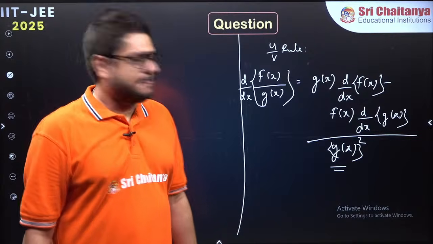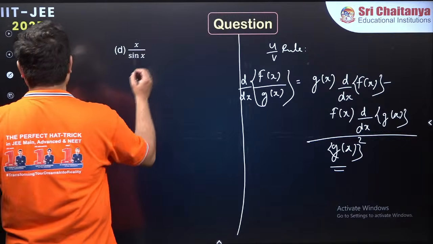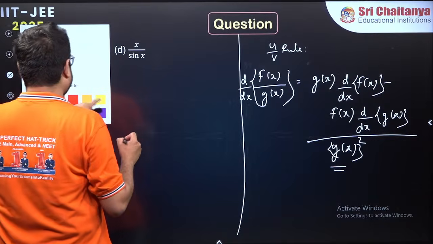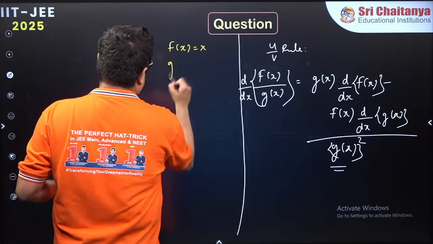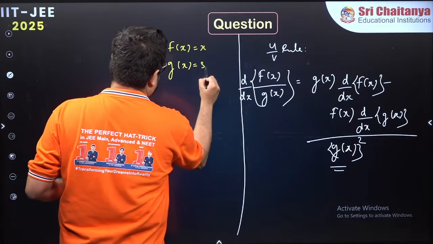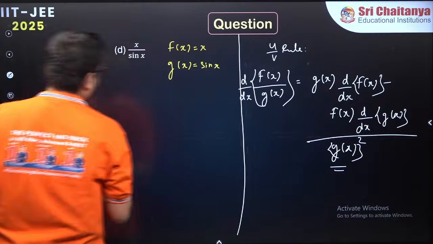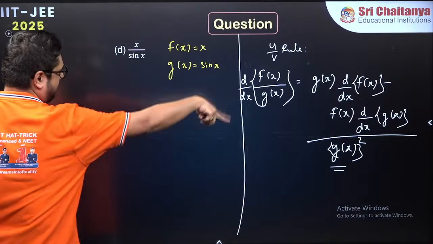So now in this question you are being given two functions. One of the functions is f(x) equal to x, g(x) equal to sin x. Now what needs to be done? You have to differentiate them, and you need to follow the order.